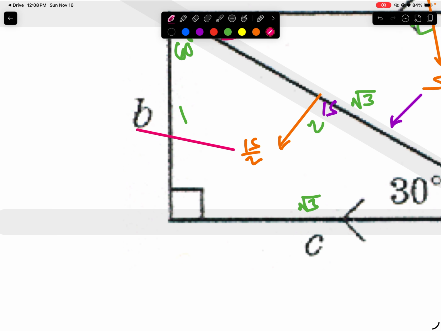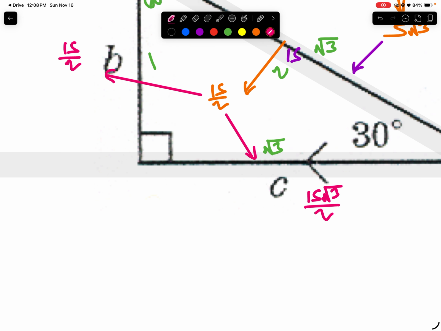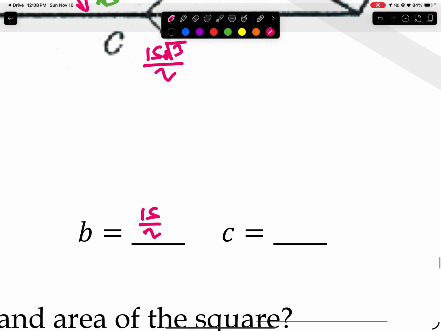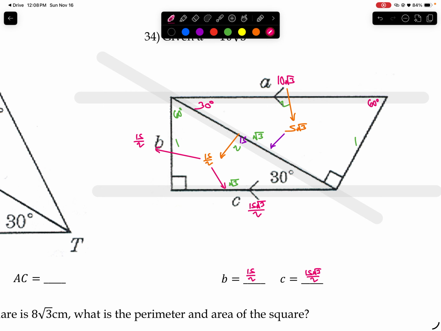So going towards B, multiply 15 halves times 1. So that's just 15 halves. And then going out, multiply out towards C is going to be 15 root 3 divided by 2. So B is going to be 15 halves, and then C is going to be 15 root 3 divided by 2. So that's another good one.